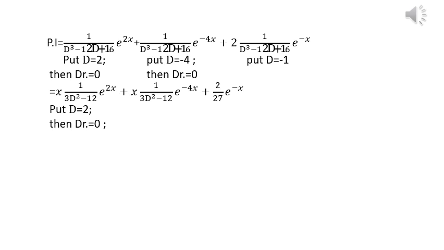When put d is equal to 2, the denominator is again 0. So I must write another equivalent formula, that is x square into 1 by 6d numerator e to the power 2x. How did I get this 6d? By differentiating the previous step 3d square minus 12. Now put d is equal to 2. I arrived at x square e to the power 2x divided by 12.